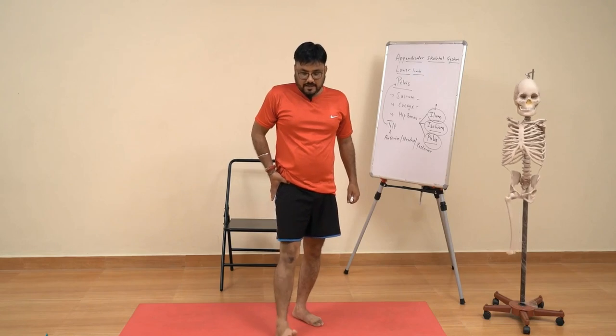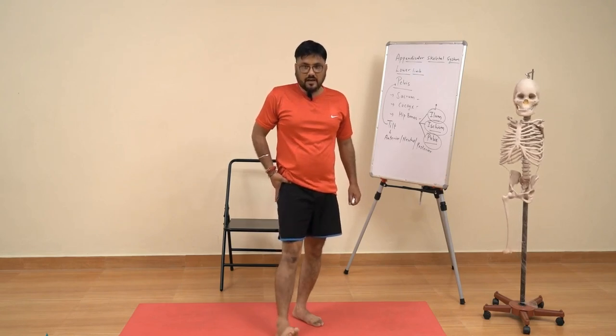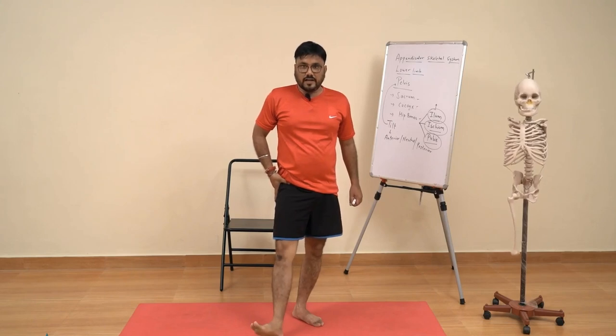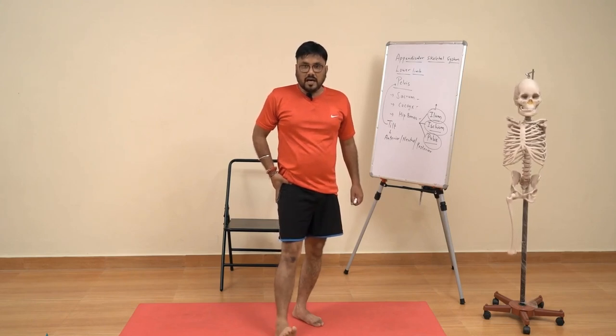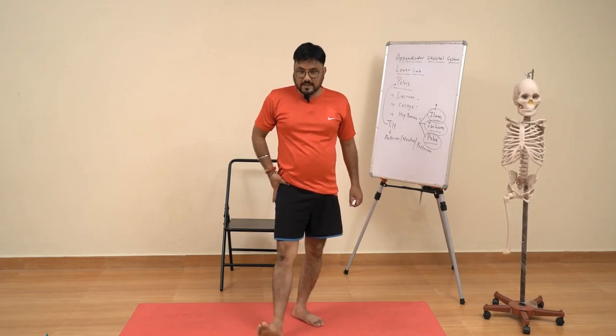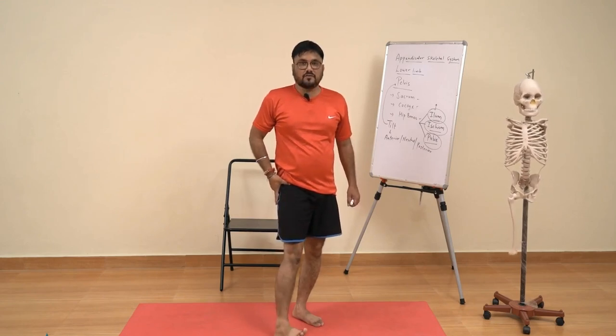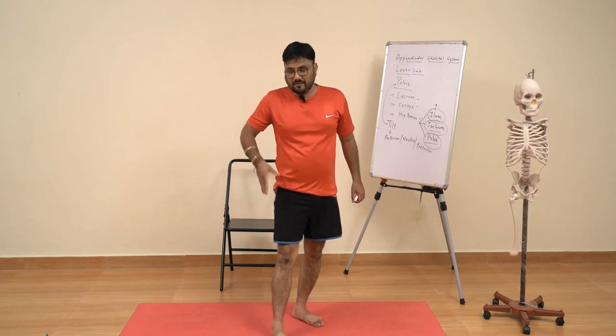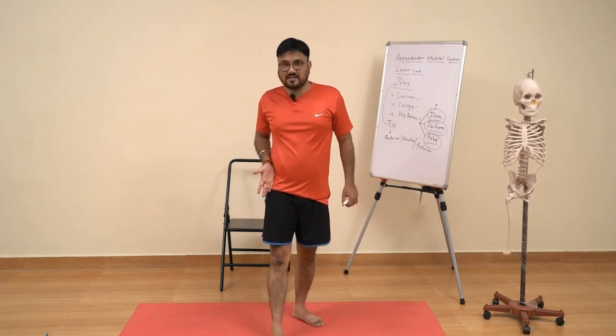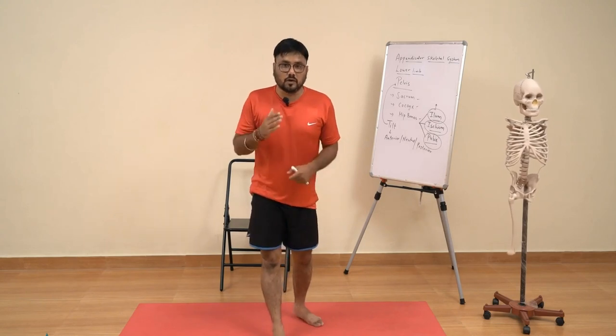If you rotate, you feel the head moving in and out. This is external rotation of the hip and internal rotation of the hip joint. You can see from the front and slightly lateral side is my hip joint.